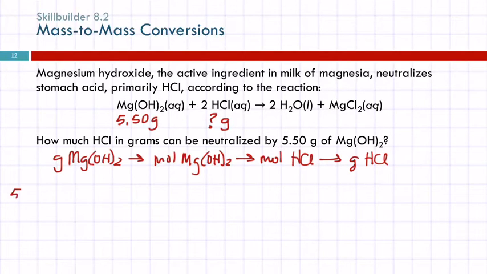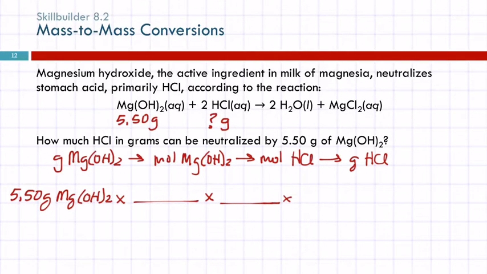So I'm going to start with 5.50 grams of magnesium hydroxide. And I'm going to have 3 conversion factors. And so grams of magnesium hydroxide to moles of magnesium hydroxide to moles of HCl to grams of HCl.